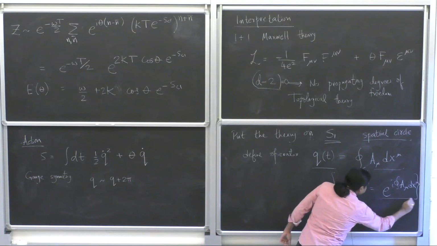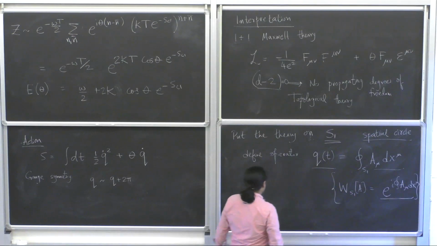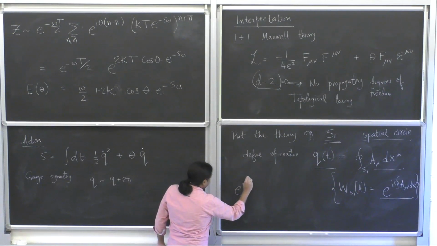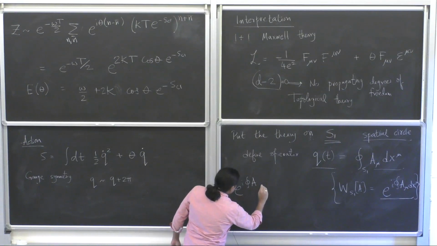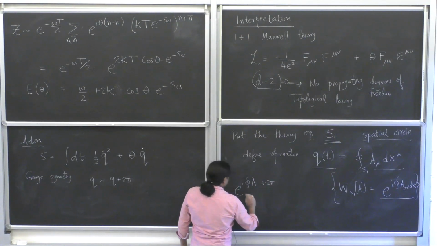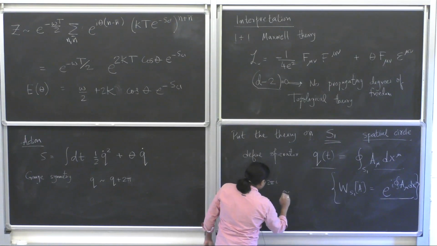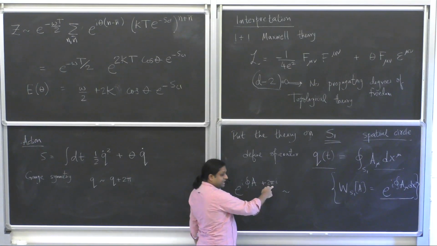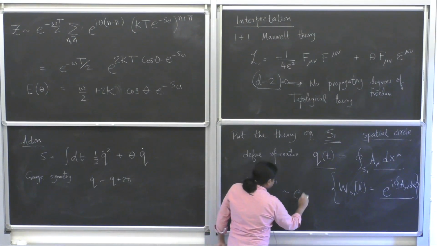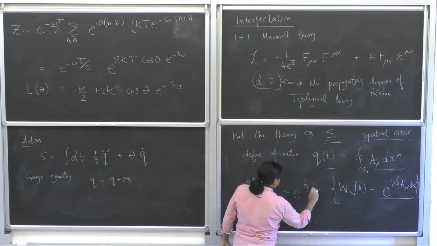In order for the Wilson loop to be gauge invariant, we would certainly want this to be. We certainly see that the integral of A shifted by 2 pi gives the same Wilson loop.